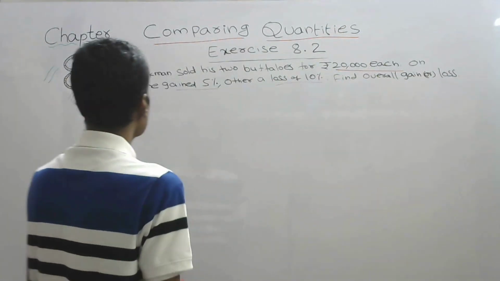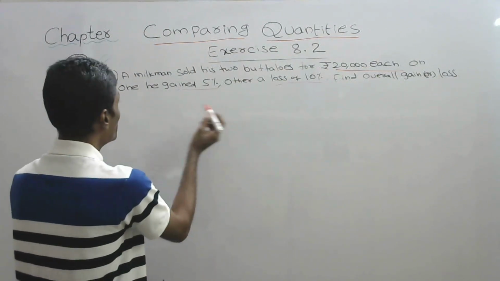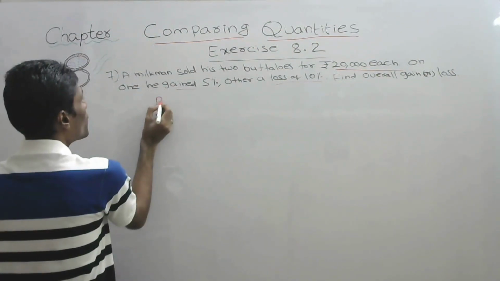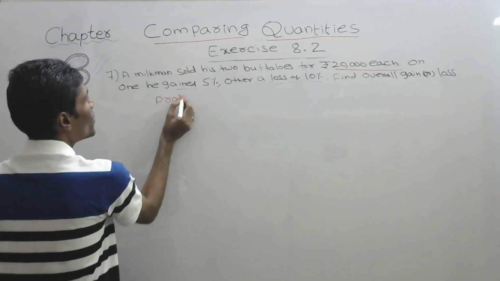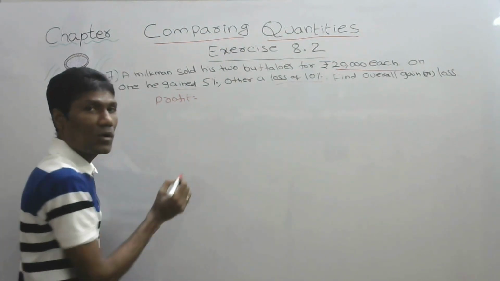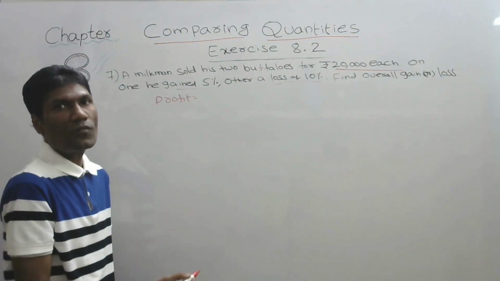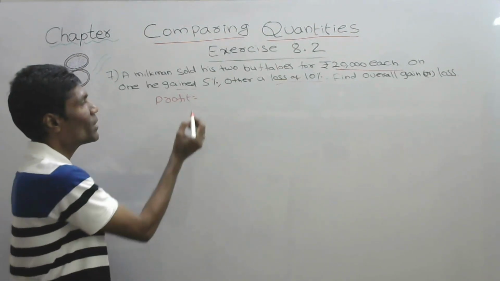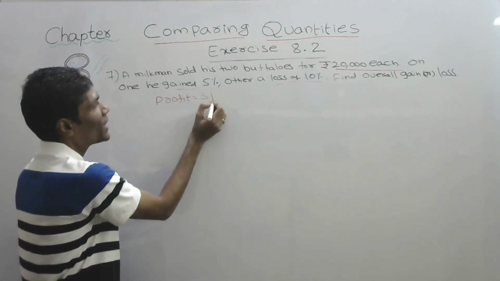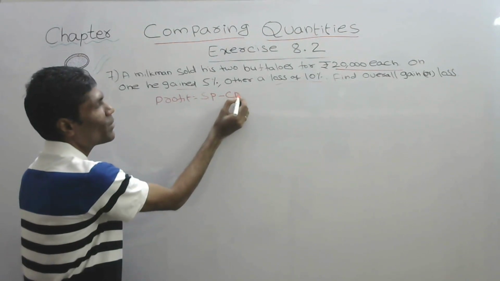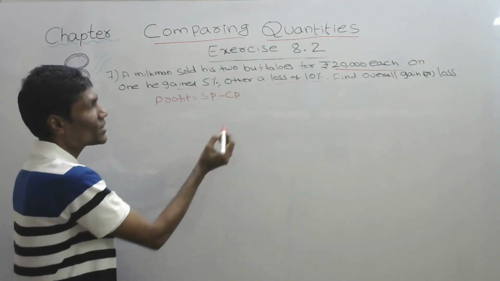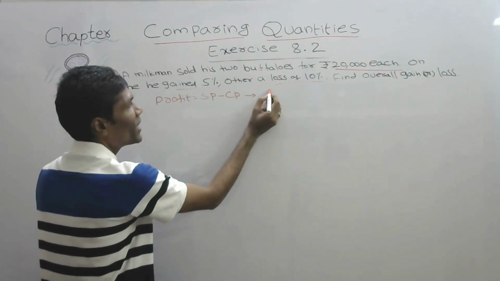Let us see. So before that, first let us write the formulas. Profit equal to, when we get profit, the selling price will be more. So SP minus CP. So in this case, how do we get SP?